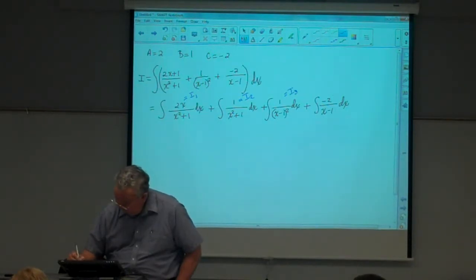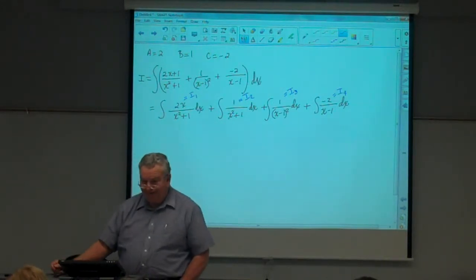You can separate the plus on the top. It's the one on the bottom you have to watch out for.